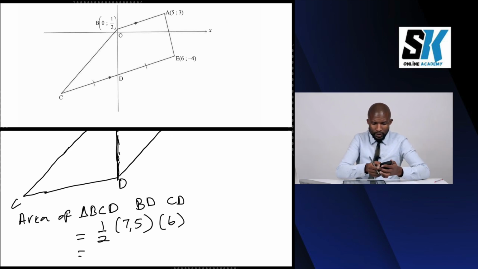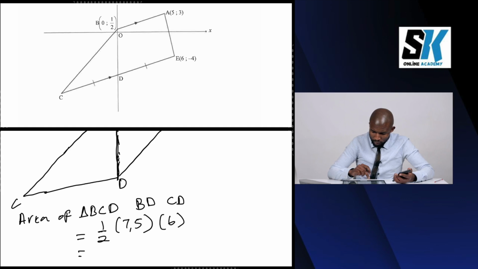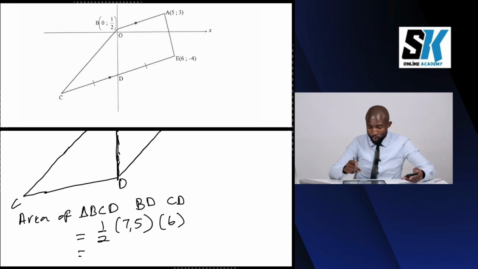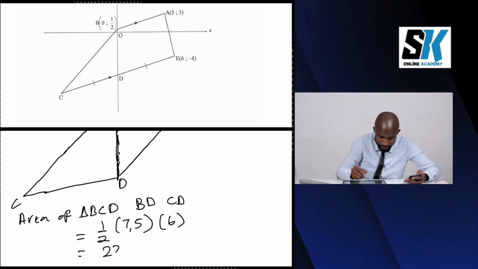If we double check, 1/2 times 7.5 times 6 is 22.5 units squared.